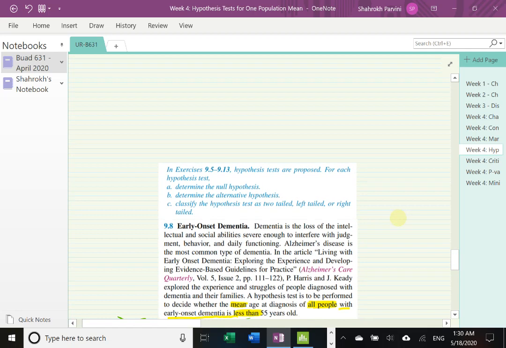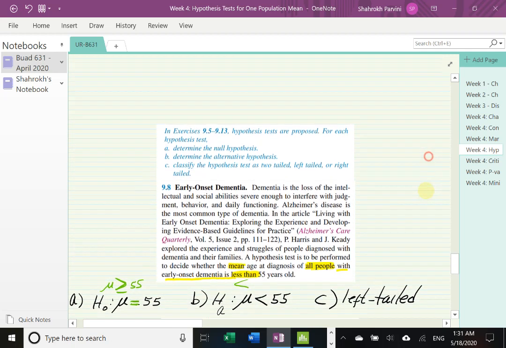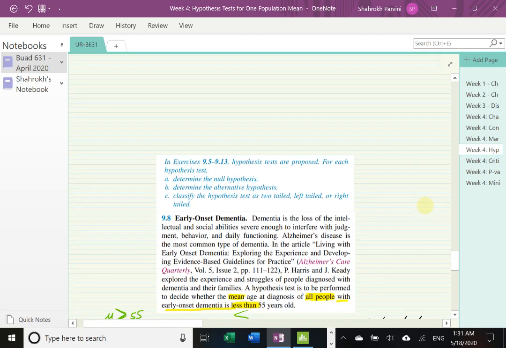So, first of all, let's take a look at the statement of the problem here. By the way, let me hide this from you for a moment. Okay, so the statement of the problem is as follows. A hypothesis test is to be performed to decide whether the mean, that's mu, age at diagnosis of all people.